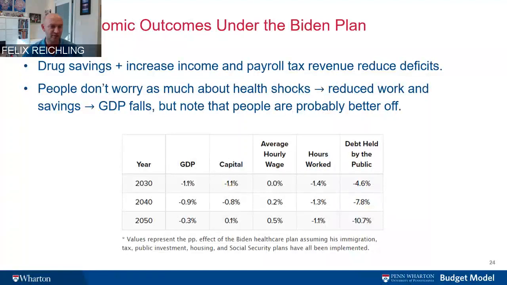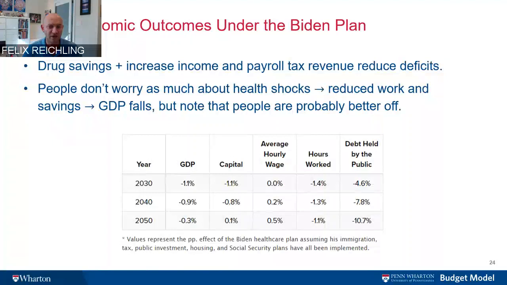After 10 years, GDP would be down by 1.1% compared to current law. But the public debt would also be slightly lower by 5%. And the reason is that you now have a bunch of people, the 60 to 64-year-olds, who pay a lot higher taxes, and the working age who also pay higher tax on the insurance premiums that previously were tax advantaged.